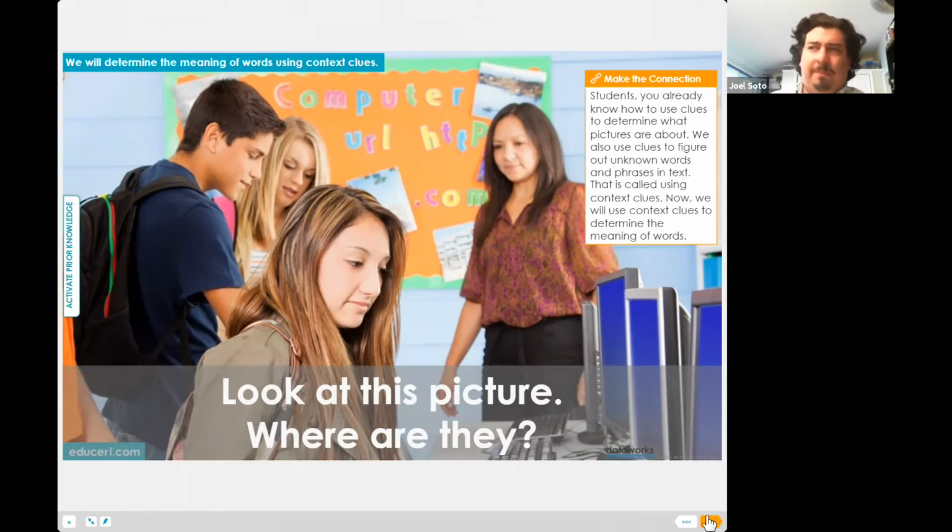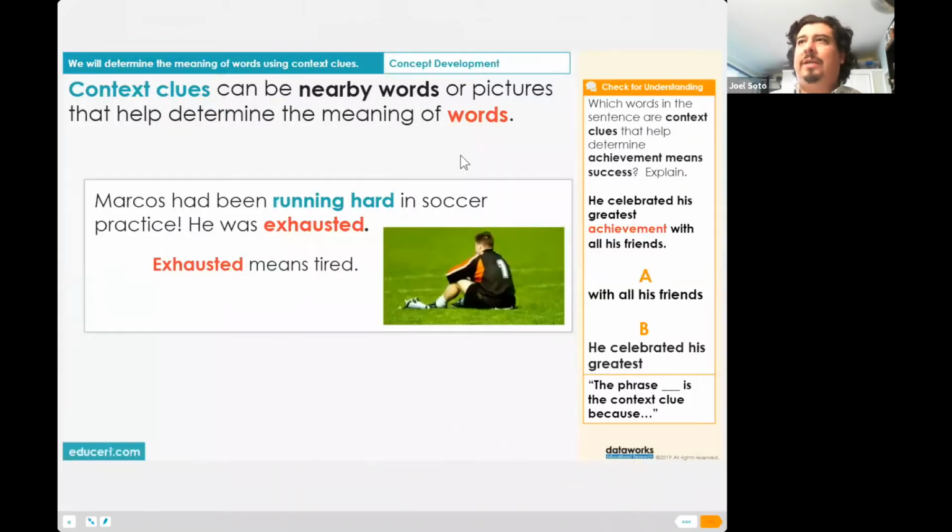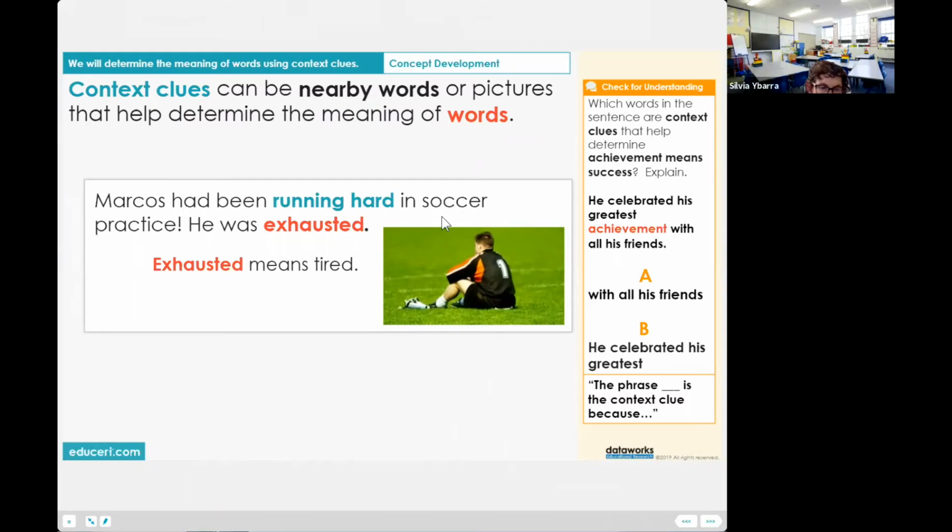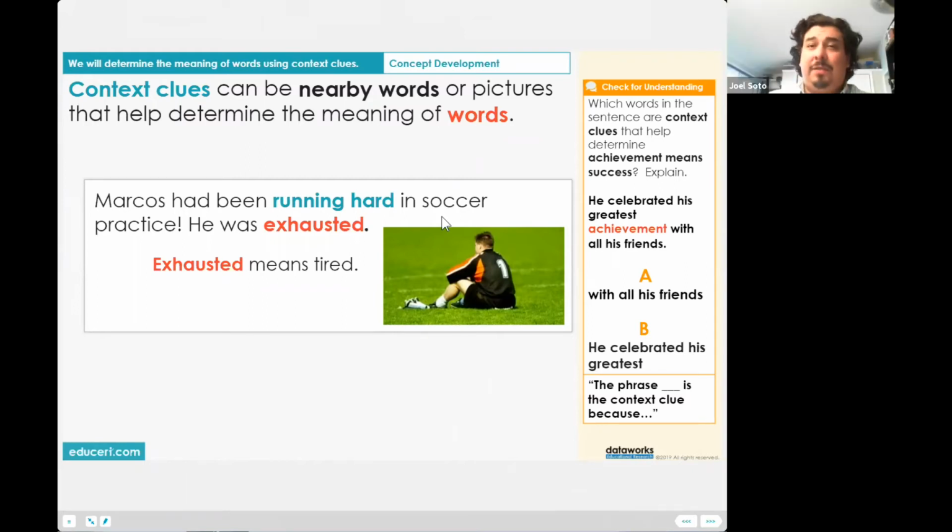And of course, they're in a computer lab, and students will now use context clues to determine the meaning of words. Oh my gosh, look at this here. And one of the fantastic things about this, everyone, is if you want to, you don't have to, I have hand-writable PDFs that will work with either Google Classroom or Canvas that you'll be able to push out to the students.